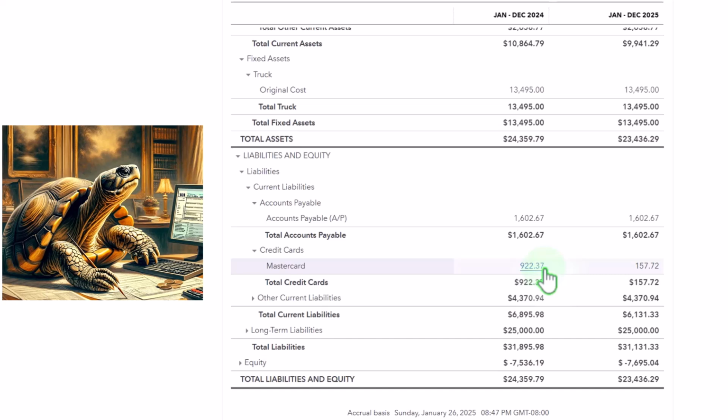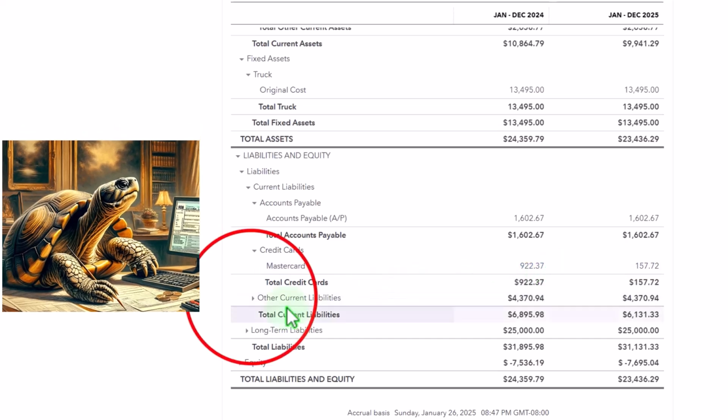And it's just like when you pay for something with cash, except that instead of the checking account going down, the liability account is going up. You don't have any deposits in the credit card. All you have are the payments, the paying off of the credit card balance.